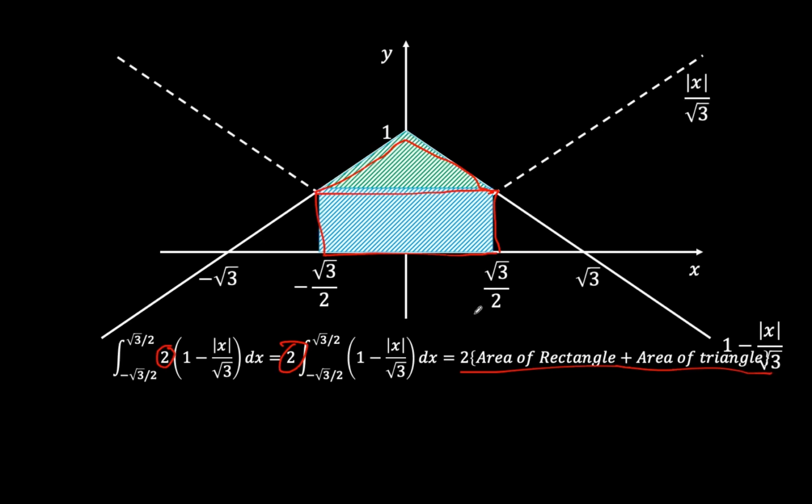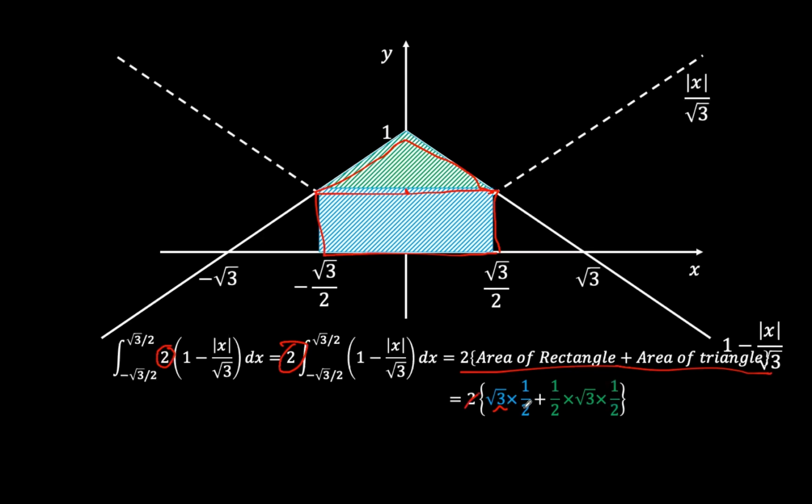Now, the area of the rectangle: the length is twice root 3 over 2, which is root 3, and the height, midway, is a half times a half. And for the triangle, it is a half base times height, where the base is still root 3 and the height is a half.